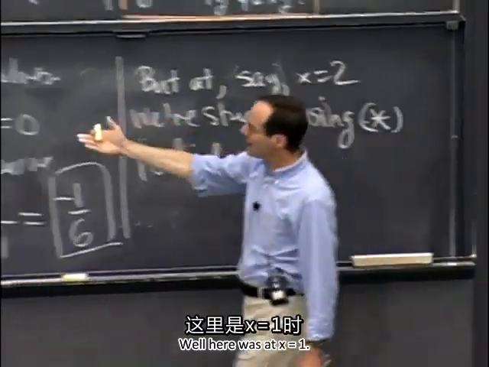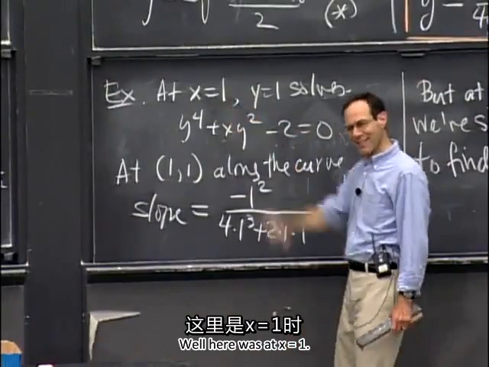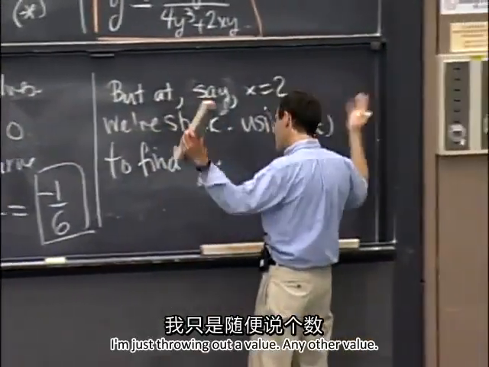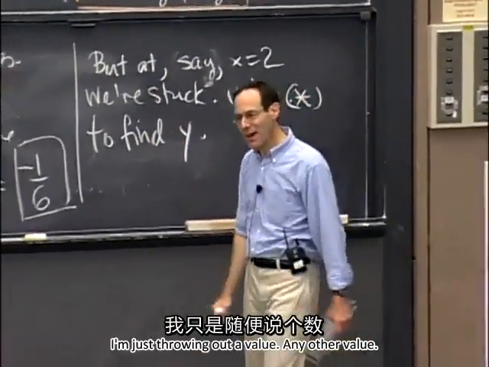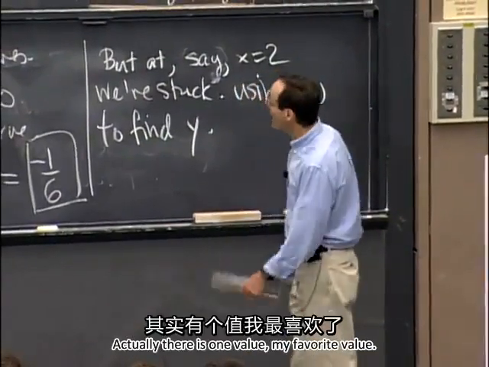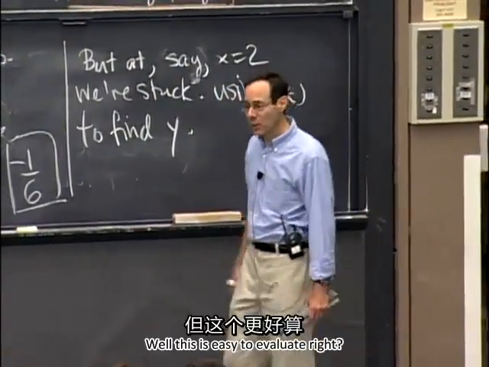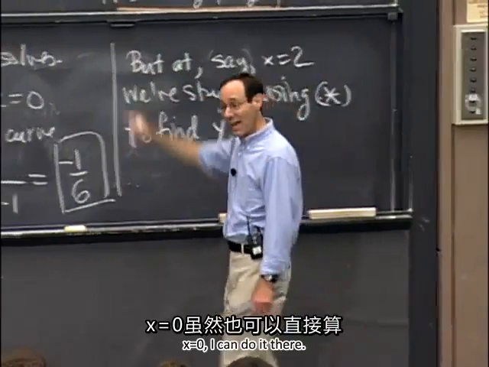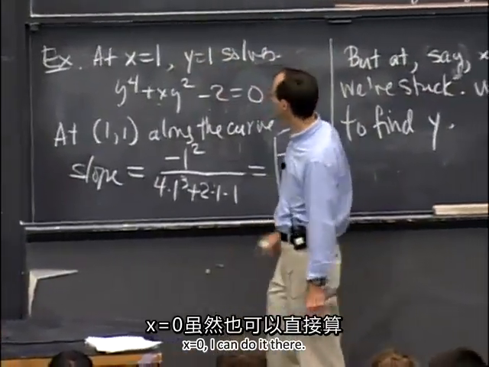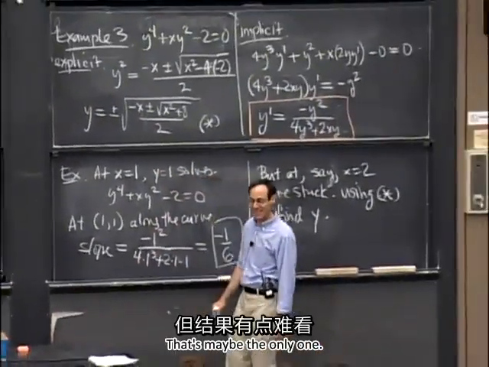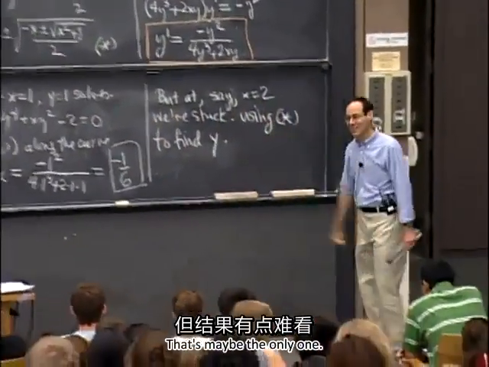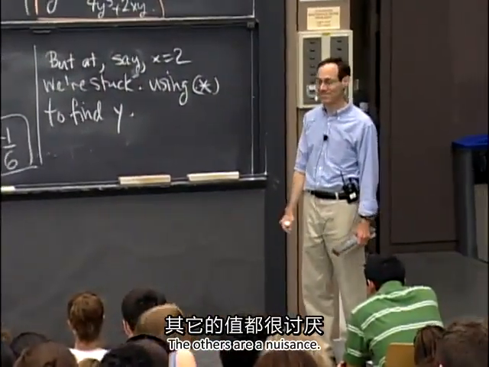Well, here was at x equals 1, and here's but at, say, I'm just throwing out a value here. Any other value. Actually, there is one value, my favorite value. Well, this is easy to evaluate, right? x equals 0. I can do it there. That's maybe the only one, the others are a nuisance.